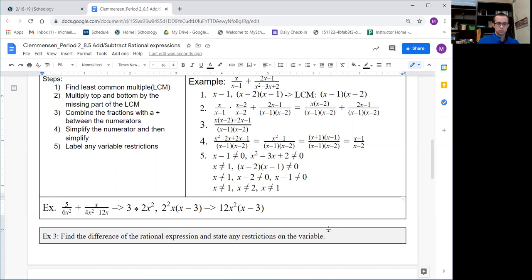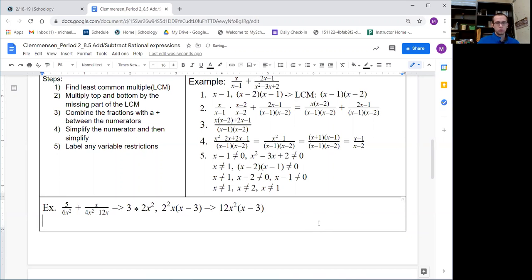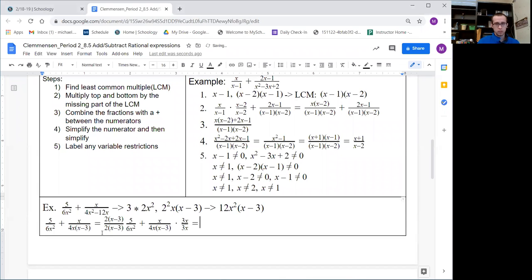From there, we try and make those both denominators. So let's put that part next. To copy this, paste it. So again, I start with my problem again. I rewrote it out so that it looks nice.